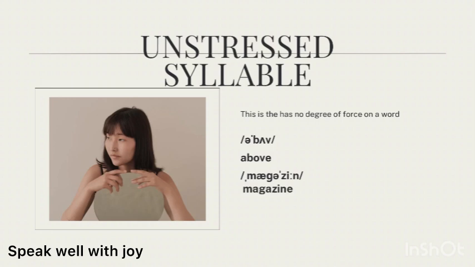So it comes in front of the syllable, right? And then the unstressed syllable takes no stress mark because it takes no stress at all. So you don't apply any pressure while saying your unstressed syllable. Magazine. Do you understand?